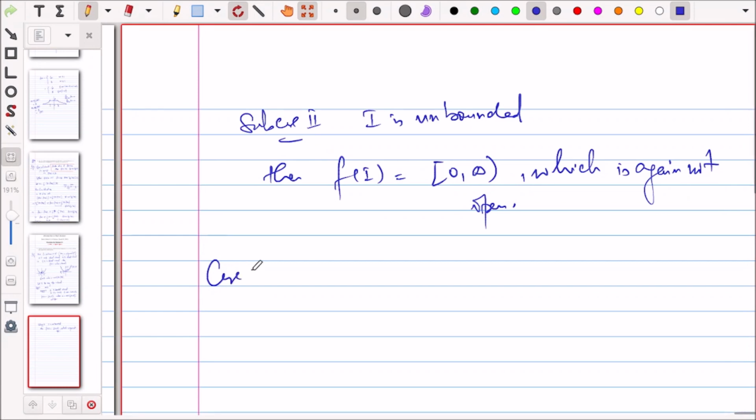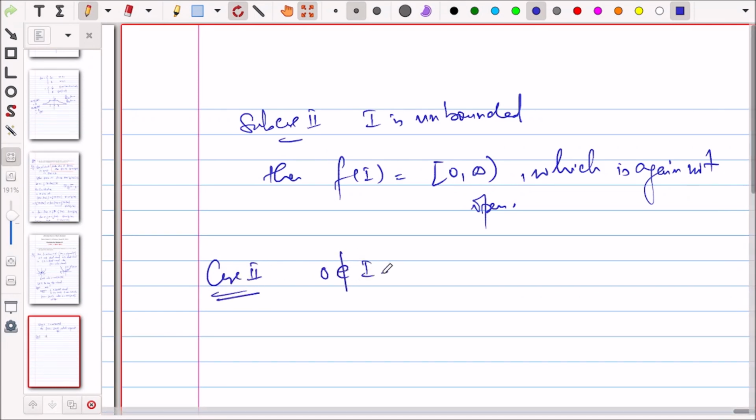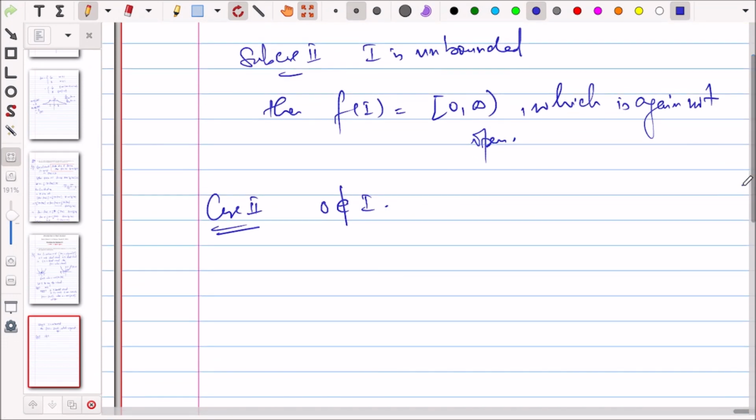Now case 2, when 0 does not belong to I. So we have two possibilities, either I contains only negative real numbers or I contains only positive real numbers, and again in those two cases I is either bounded or unbounded.